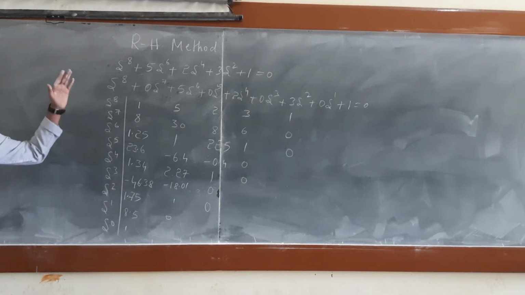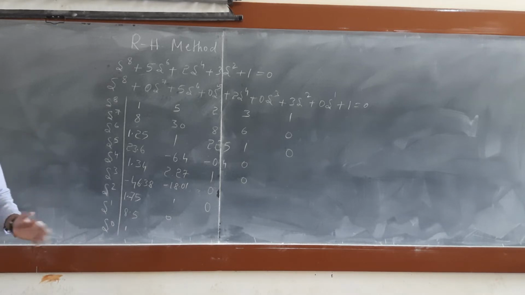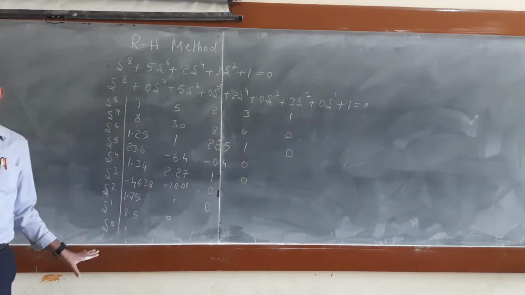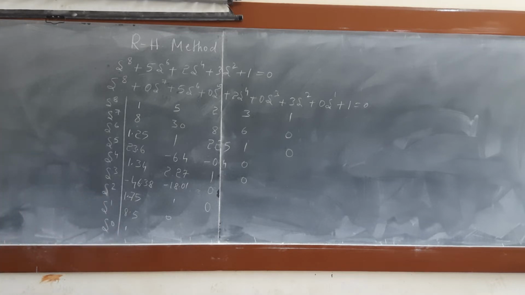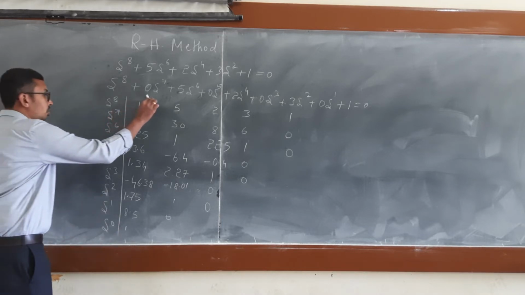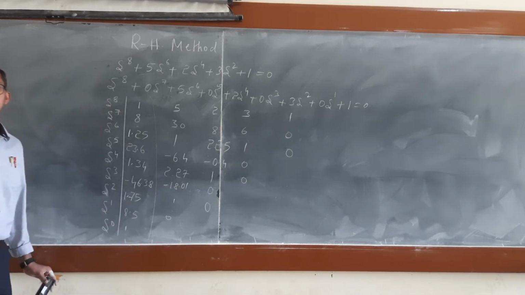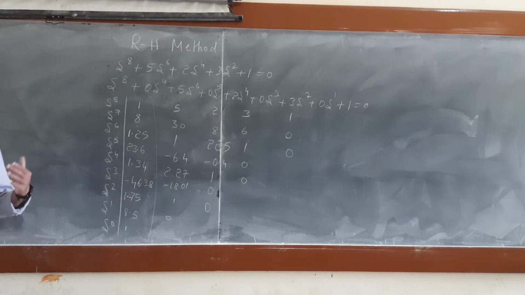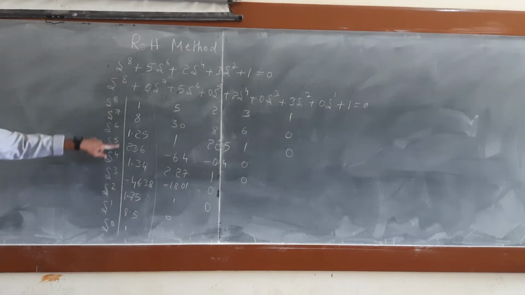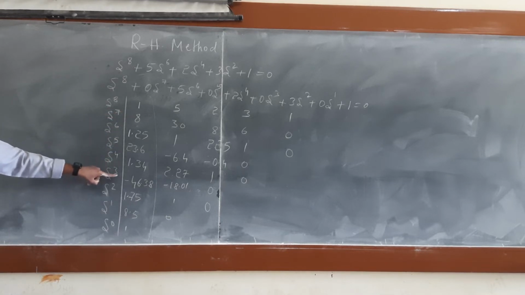See, after applying the rules, we have created the array. So now how to identify whether the system is stable or not? We need to consider the first column of the array. If there is any sign change, then the system is unstable. So do you have sign changes? Yes. Up to here it is plus, so plus to minus, then minus to plus.